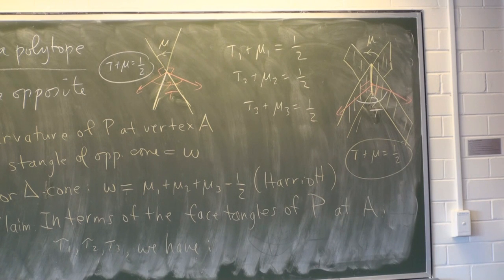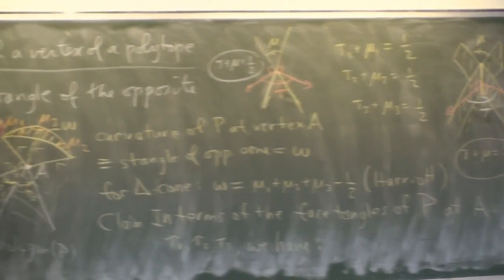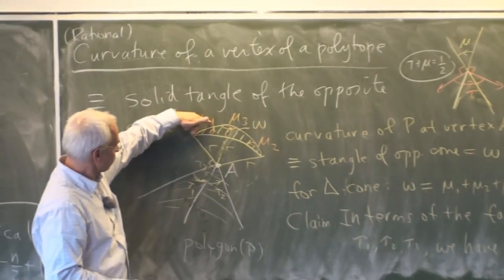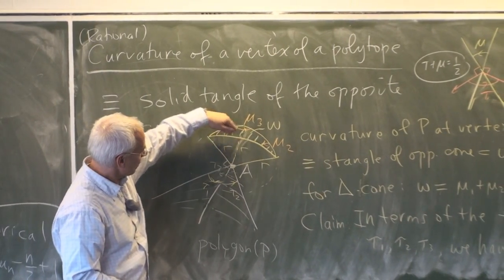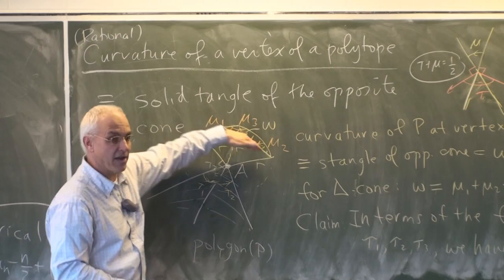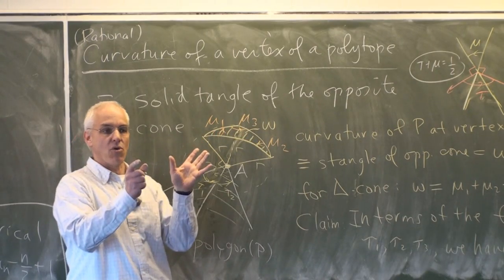Essentially we can look at it at a certain angle where that becomes clear. If you look at it sort of down, then it just becomes a planar situation, down on the intersection of the two planes. So that's the relationship between the face tangles of the original polytope at A and the spherical tangles made by the opposite cone.